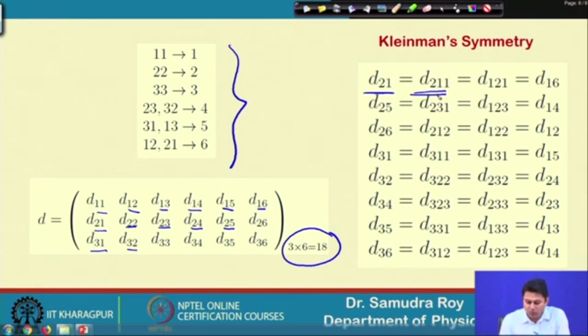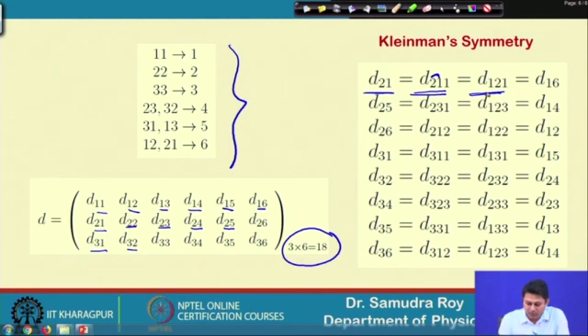Kleinman's symmetry suggests that if I make a permutation of this term, D211 is nothing but D121, if I exchange this 1 and 2, which we can do because it is under Kleinman's symmetry.